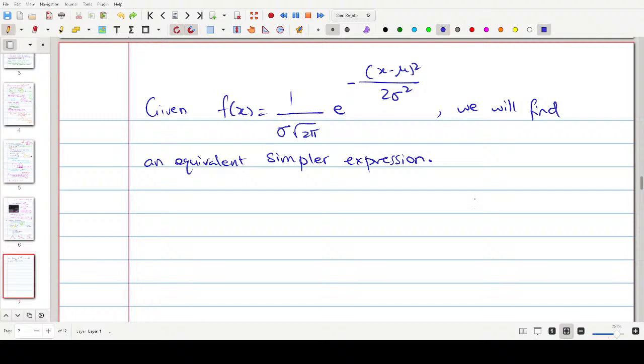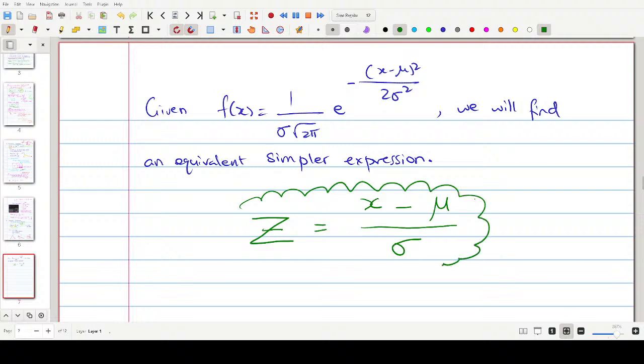I will use the green here. We'll say that z equals x minus mu by sigma. Okay, so this is the formula that we should have in our mind.